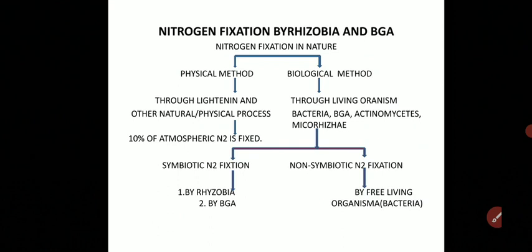In symbiotic nitrogen fixation, this is the prime important process in the life of a plant. It takes place in a mutualistic way between soil bacteria, that is rhizobia, and legumes or non-legumes. More than 60% of elemental nitrogen is fixed through biological nitrogen activities in plants.